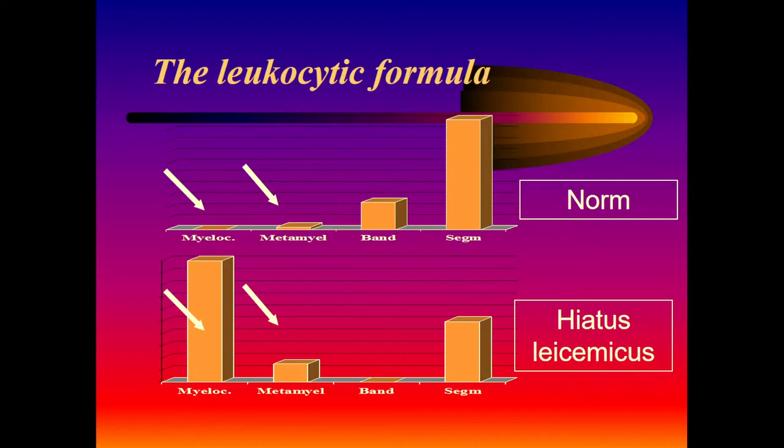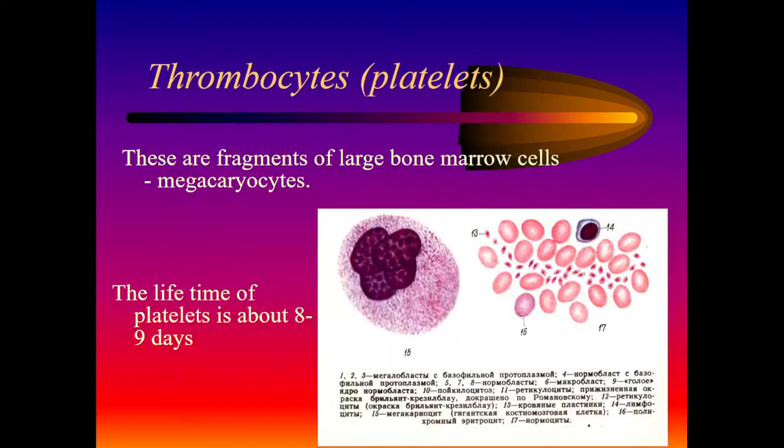Sometimes we have a different variant of change in the leukocytic formula, when some transitional variants of leukocytes are missing from the formula. It is named hiatus leukemicus, in Russian "провал", leukemic gap.